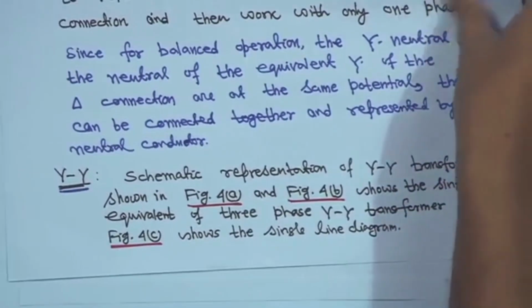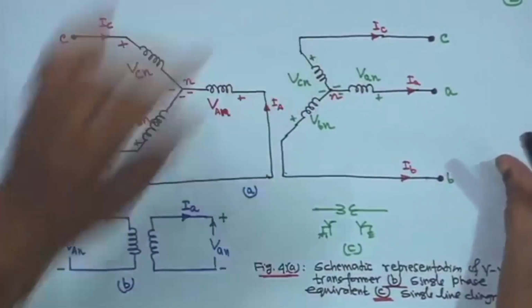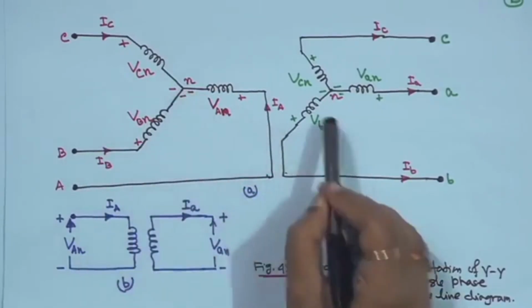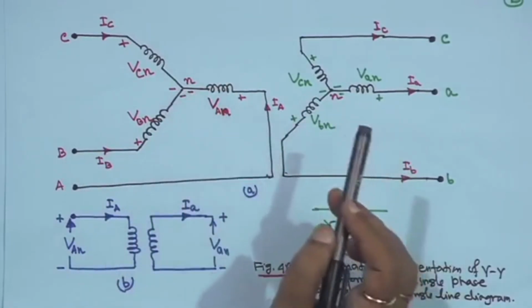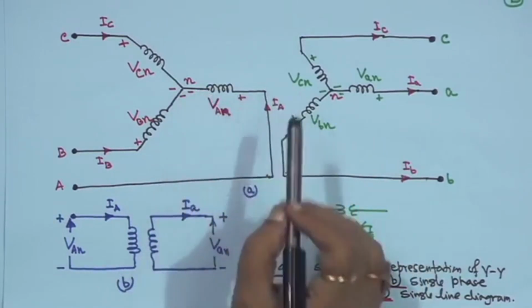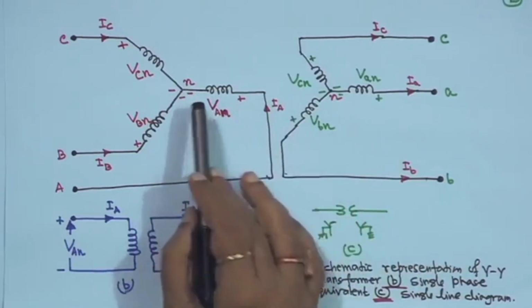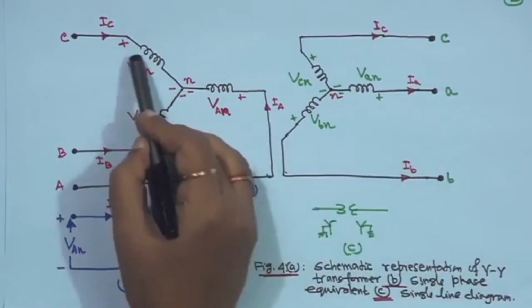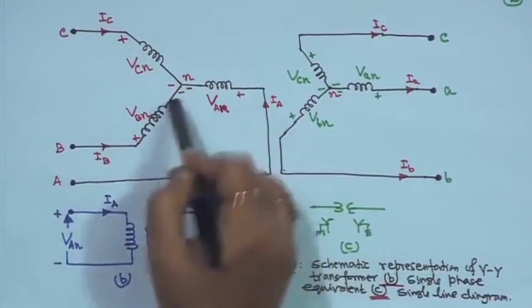Now, as it is a star, this is your ABC, and this is neutral N. Earlier in the diagram, somewhere I showed it, but here it is correct. Here it is neutral, here it is neutral. Everywhere polarity is marked plus minus, plus minus, plus minus.